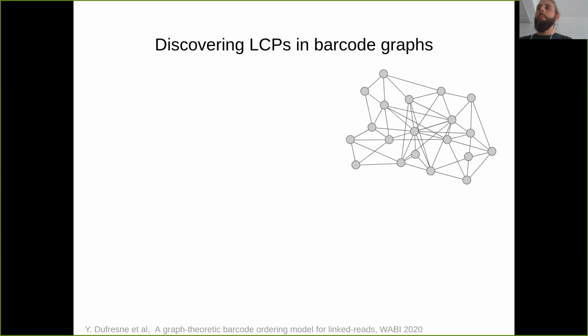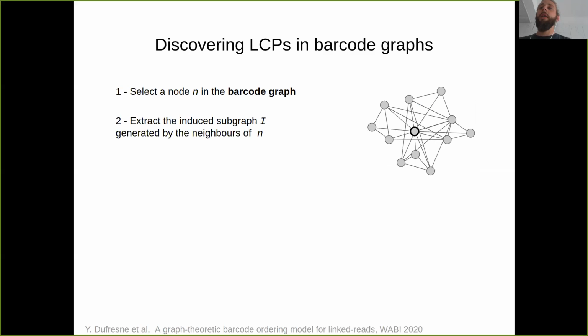In our barcode graph, we now can try to retrieve all the LCPs. We can focus on one node because LCPs are local. So we can extract the induced subgraph and compute locally the max cliques.